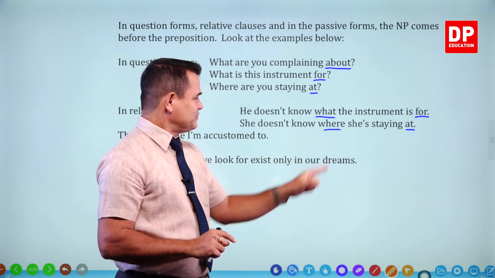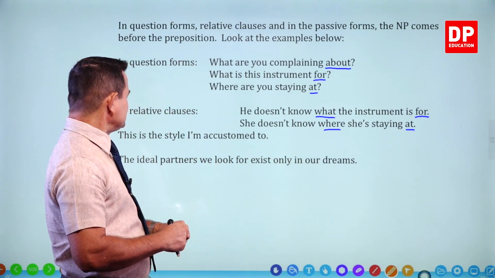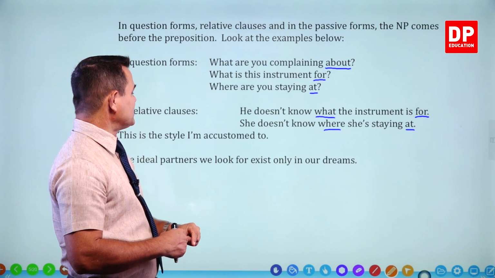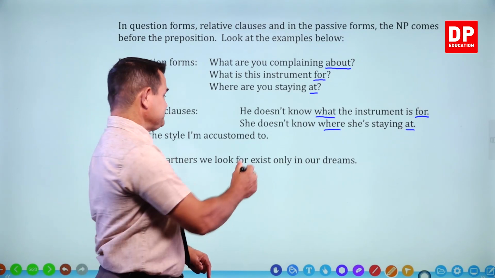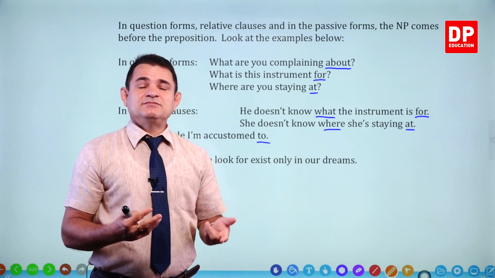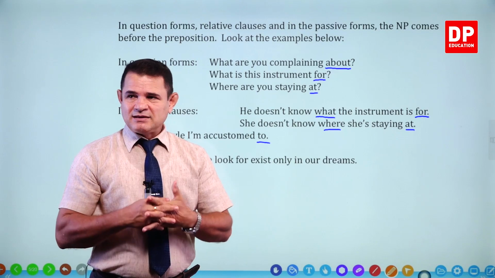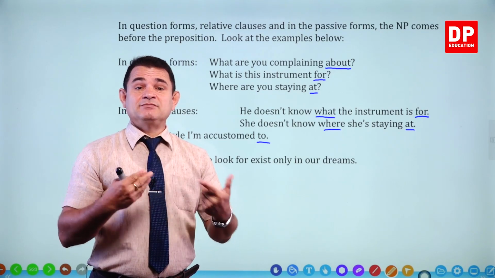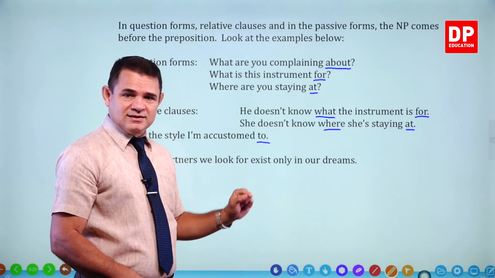And this is the style I am accustomed to. This is the style I am accustomed to.